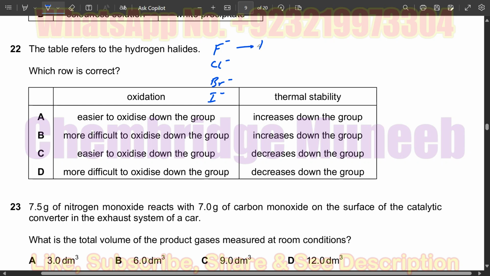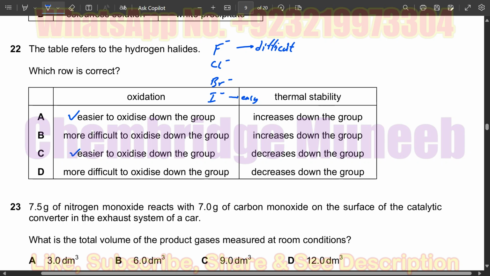It is difficult to oxidize fluoride, since fluorine can oxidize all the other halide ions, whereas iodide is very easy to be oxidized. So in this case, option A and option C are the right ones.